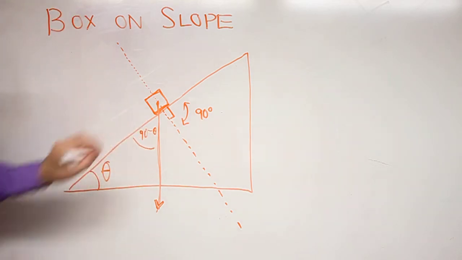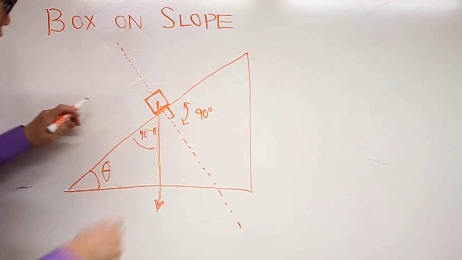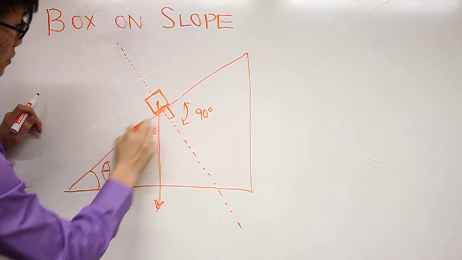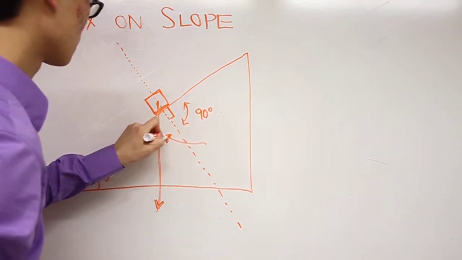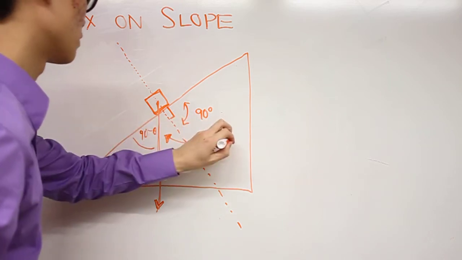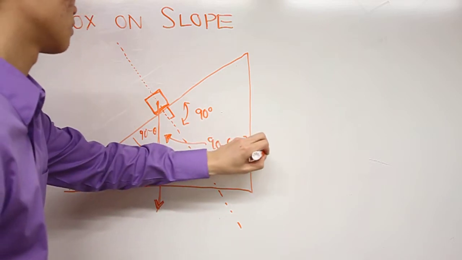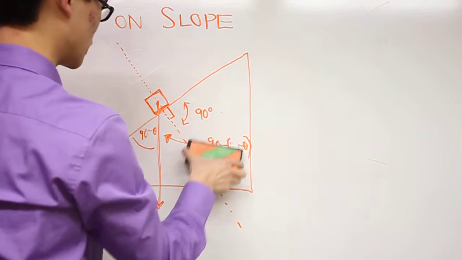And so we can figure out this angle and see that here we've made a perpendicular angle. So we can call this 90 minus this angle, which is 90 minus theta, and that equals, well, theta. So that's how you establish that relationship.